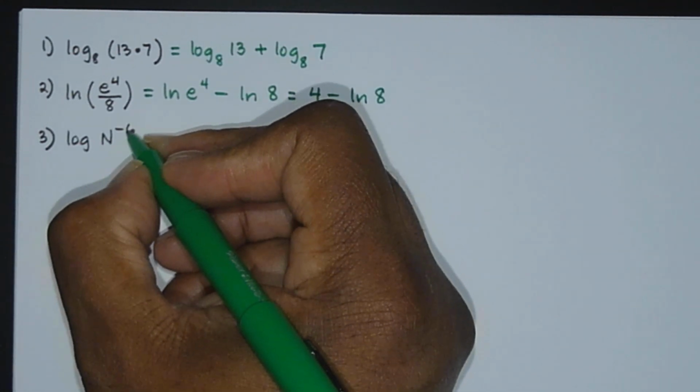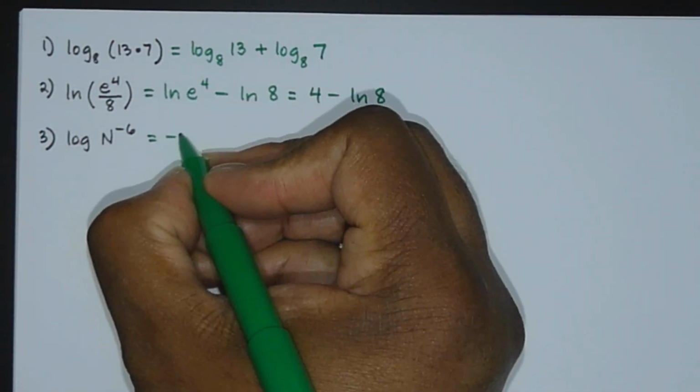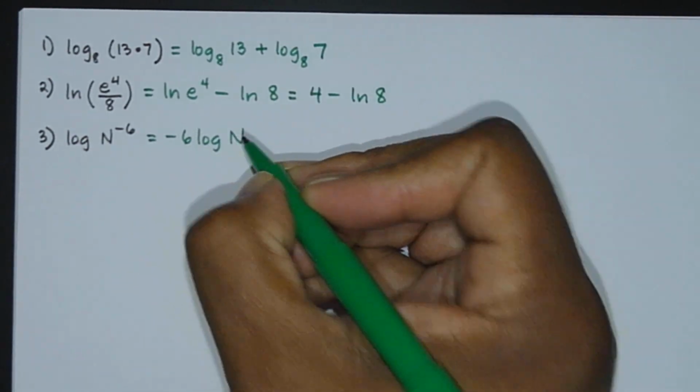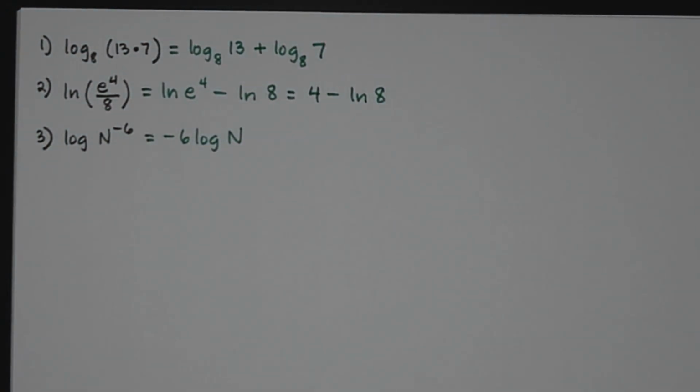So that negative 6, bring that up in front of log of n. So log of n to the negative 6 power would be negative 6 times the log of n. Okay. Questions on problem number three.